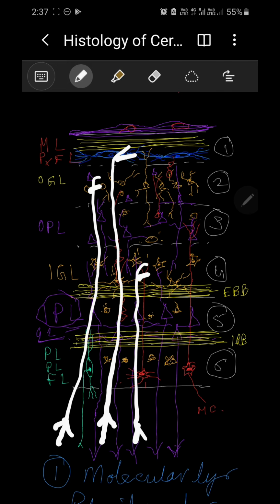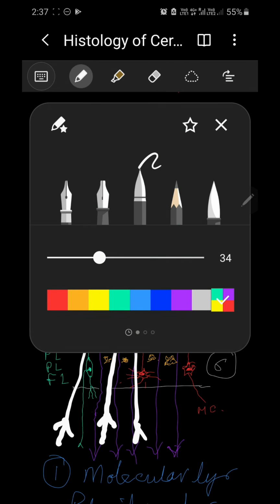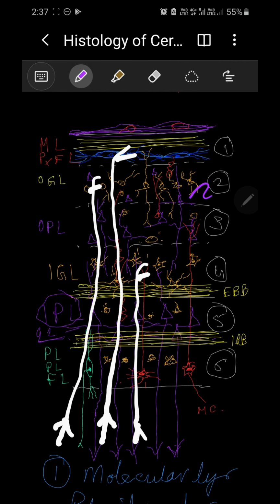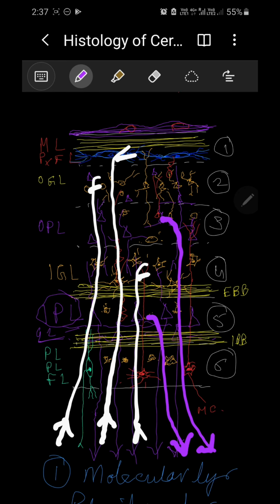So these are afferents reaching down to that granulocyte layer. But again I repeat that granulocytes are present in all the layers, right? And efferents are those which are descending down from the pyramidal cells, and you can find pyramidals in all the layers, but the efferents will be arising from the pyramidal cells.